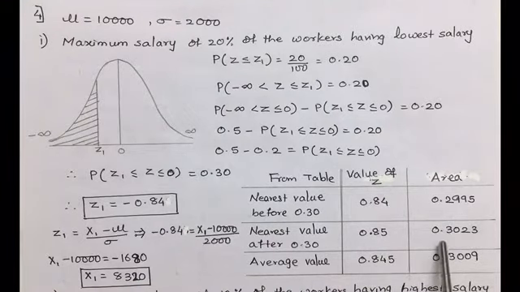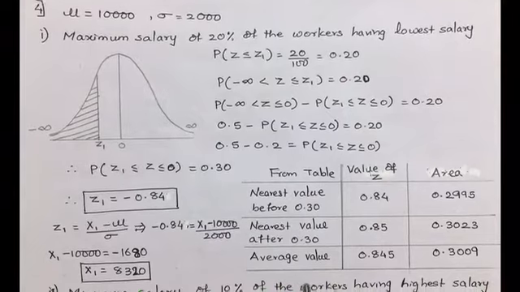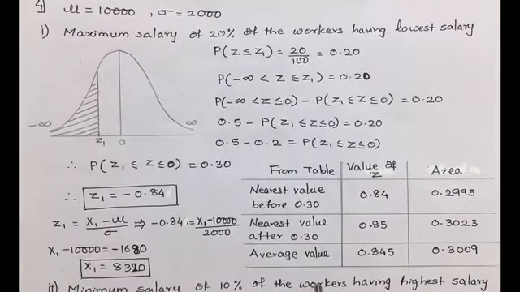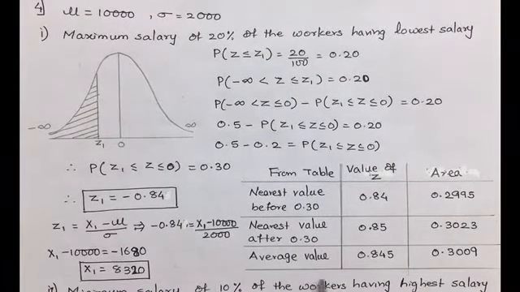Its area is 0.3023. Now finding the average value of both, adding them and dividing it by 2, we get 0.845. For the area also, the addition of 2 and dividing it by 2 gives 0.3009.